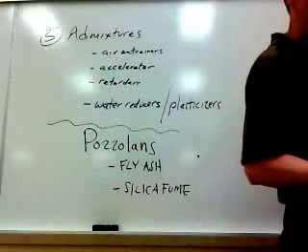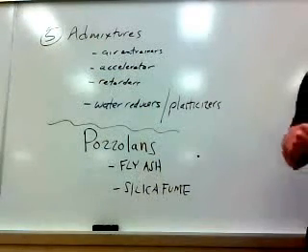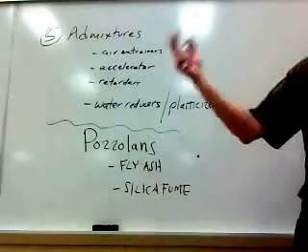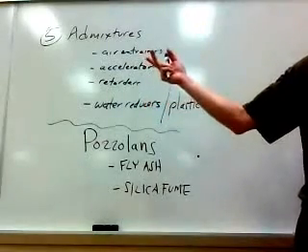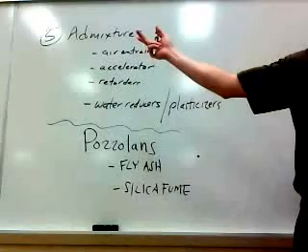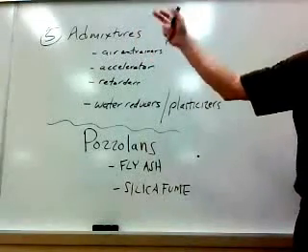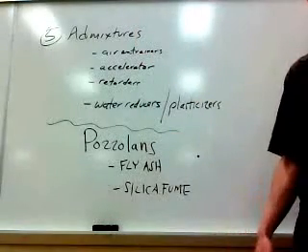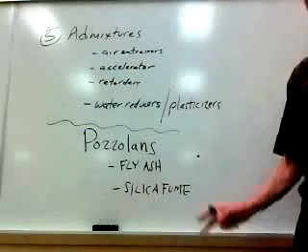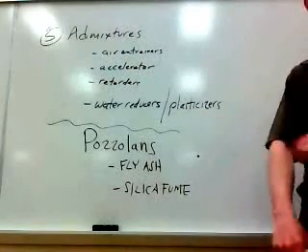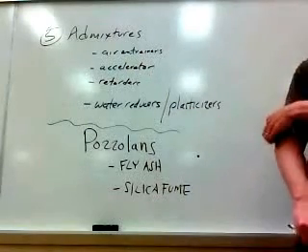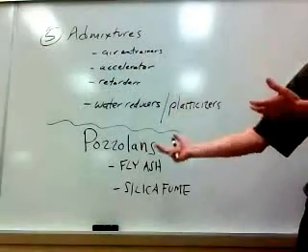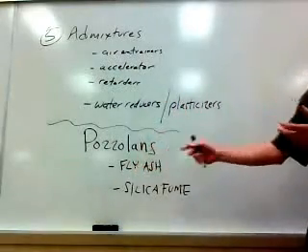Silica fume is 20 times or more finer than that, 10, 20 times finer. It's on the same level as smoke. That's how fine this particle is. It works out very well when you put it in concrete.